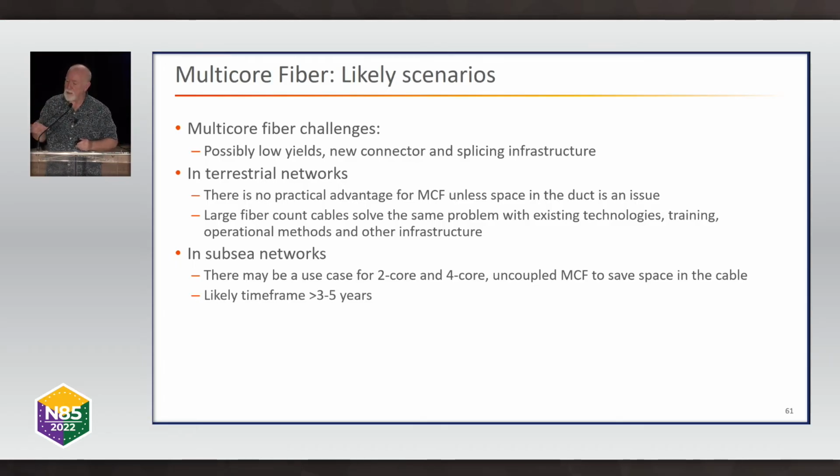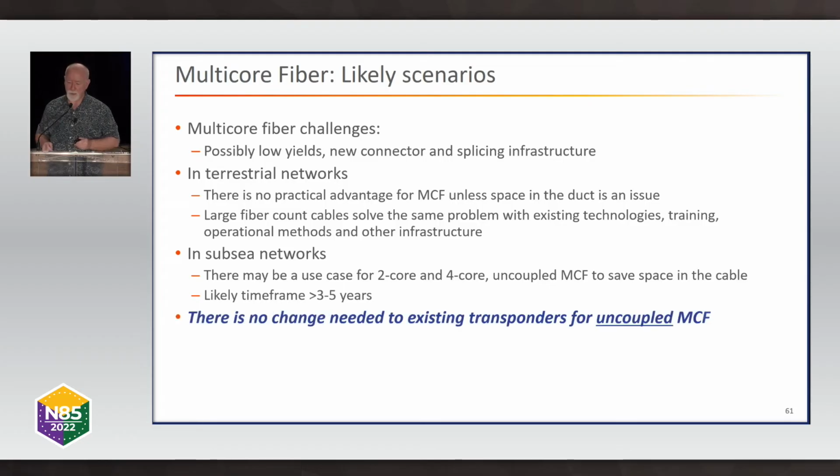There may be a use case for 2-core and 4-core fibers. The reason I limit it to 4 cores is that once you go above 4 cores, all multi-core fiber becomes coupled. But at 4-core and 2-core, you can design uncoupled cores. And the likely time frame for that has to be beyond, say, 3 to 5 years, because if you talk to the manufacturers of submarine cables, none of their roadmaps involve multi-core fiber today.